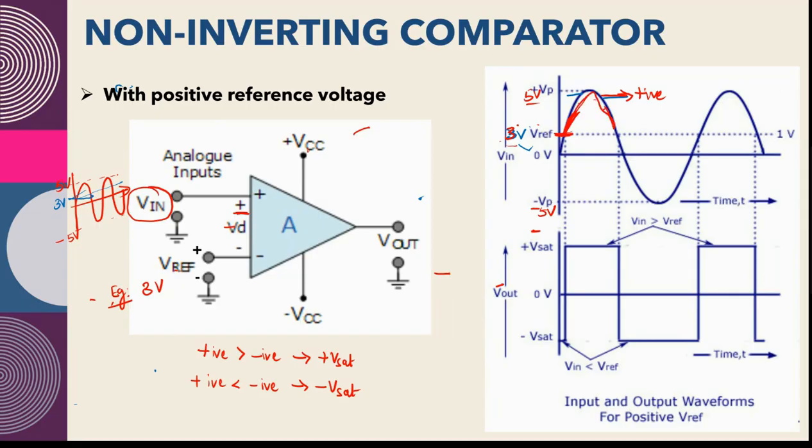This input we are giving to the positive terminal. The reference voltage we are giving in the negative terminal. So when the positive voltage becomes greater than the negative voltage, what will be the output?